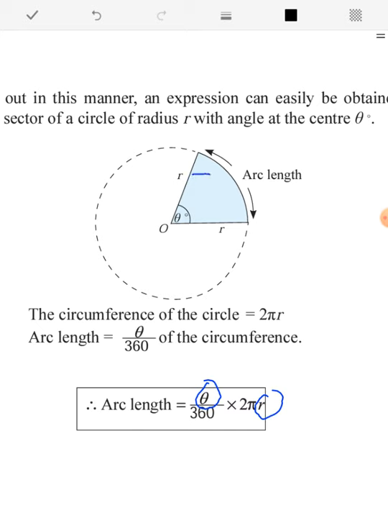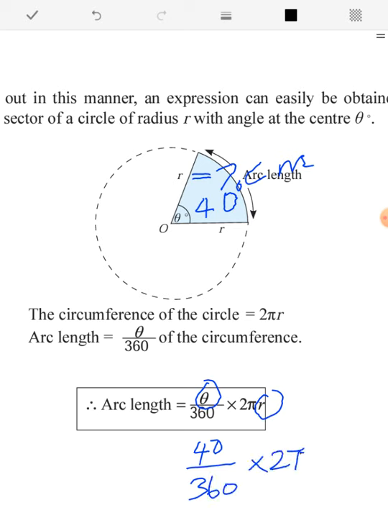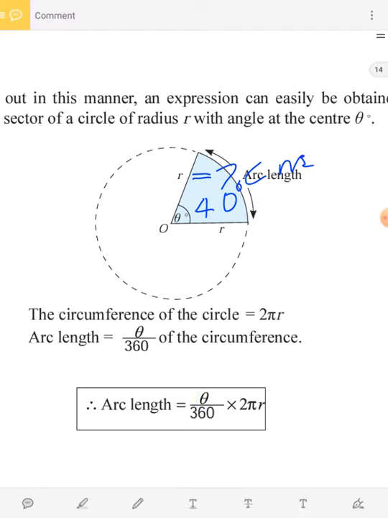So if the r is, let's say, 7 centimeters and theta is let's say 40 degrees, you can substitute like this: 40 upon 360 times 2 pi times radius 7. So you can do like that.